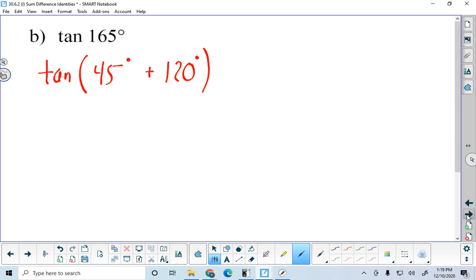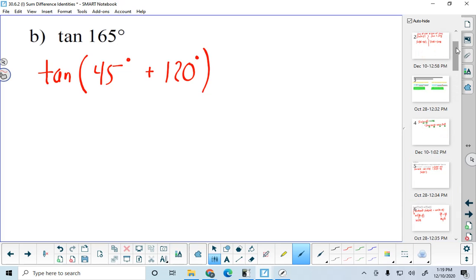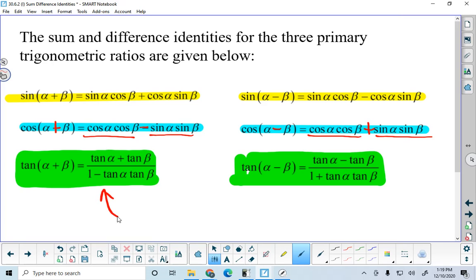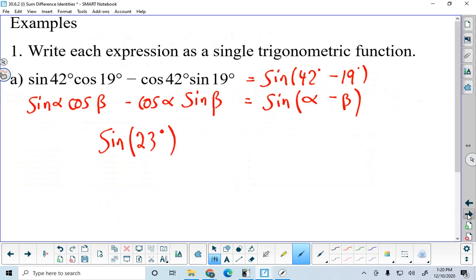And now we have to look at the sum identity for tangent. And you know what? I couldn't tell you what it is. I would have no clue what it is because I haven't used it in a couple of months, and it's really not that important. We can look it up. There it is, right here. It's tan plus tan over 1 minus tan times tan.